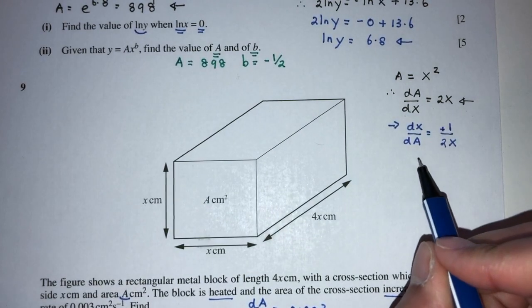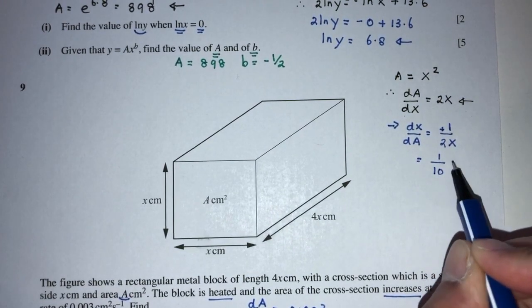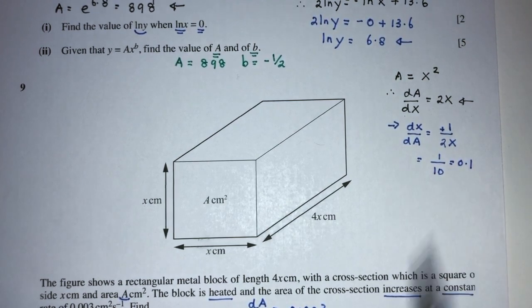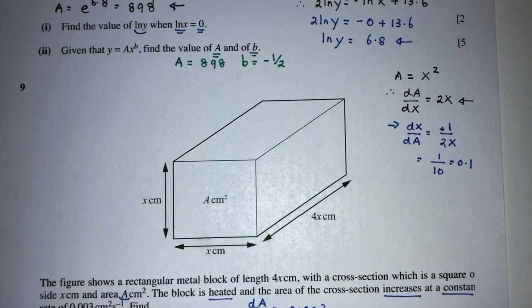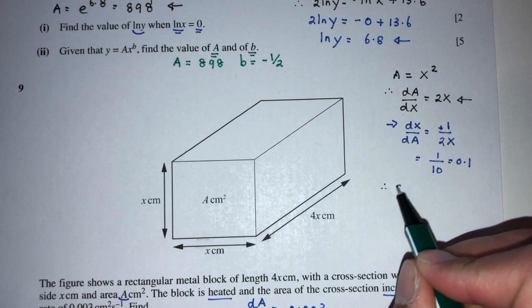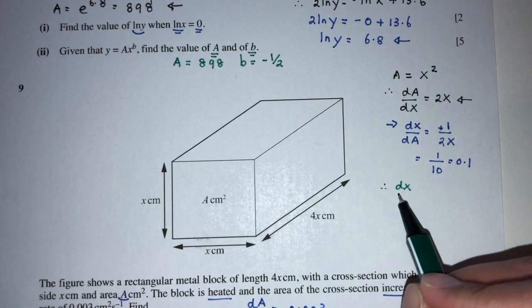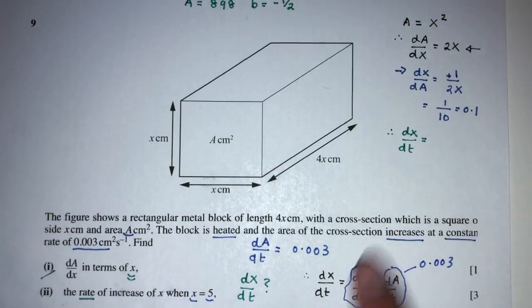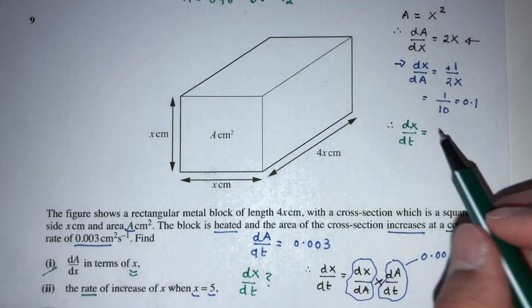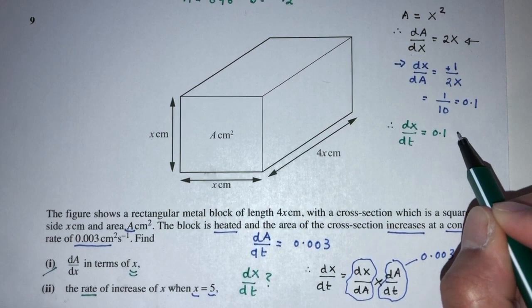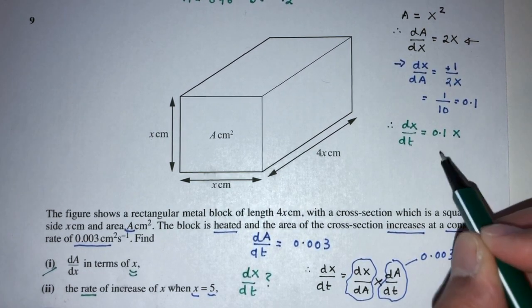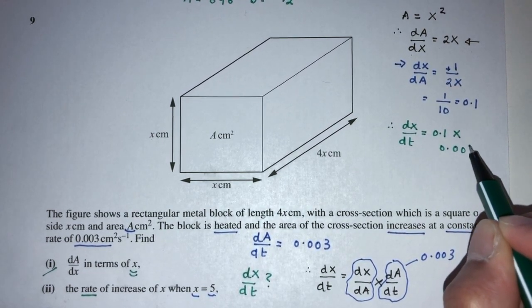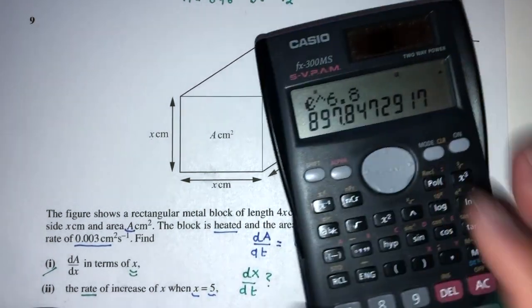That will be 1 over 10, which is 0.1. So finally, we can conclude that dx by dt has to be, replacing the values in the equation, 0.1 multiplied by 0.003. That will be what?